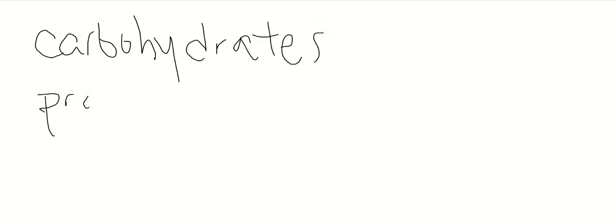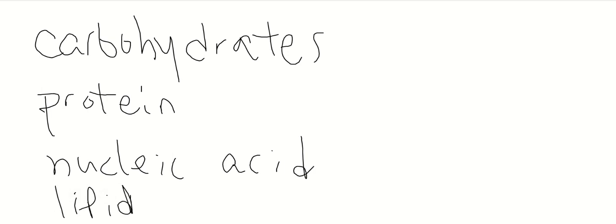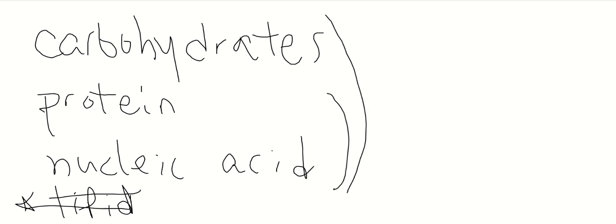Another one is proteins, and the other one is nucleic acids. The only one of the four that we learn that doesn't is lipids. Lipids don't have monomers. But the other three can form the larger molecule through dehydration synthesis.